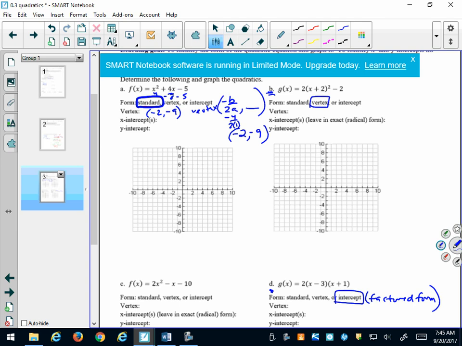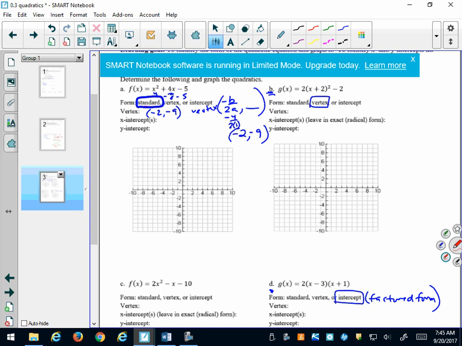It's actually not my favorite way of doing it. I think there's an easier way, personally. Since you have to find the intercepts anyhow, if it can be factored, I like to just do that first. If it can't be factored, then negative b over 2a is your way to go.